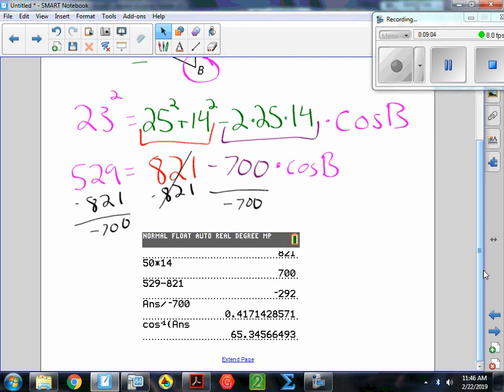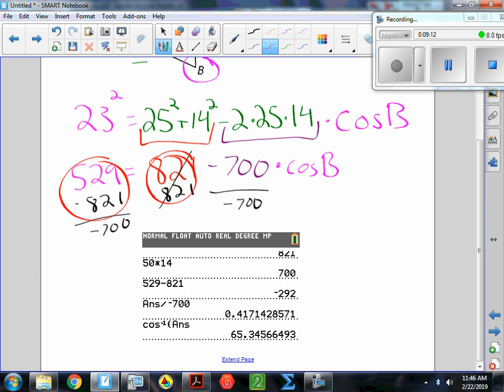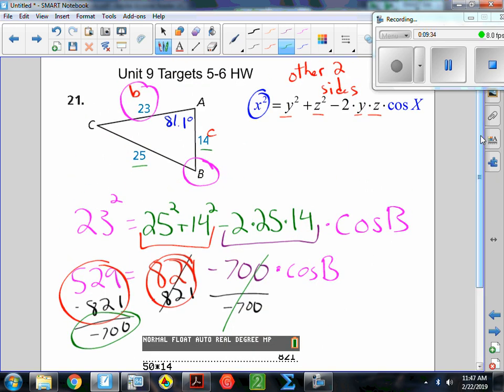So there's all my steps. The 529 minus the 821 allowed me to get rid of that on both sides. I needed to divide by negative 700 on both sides so that what was left was a cosine B. So the line second from the bottom was equal to cosine B, which is why I took the inverse cosine of that decimal, and that gave me B was 65.3 degrees.